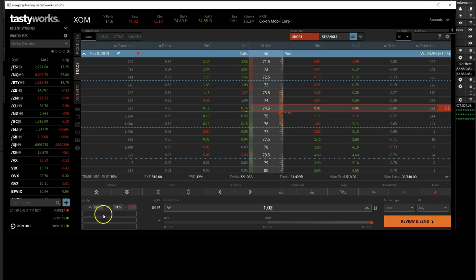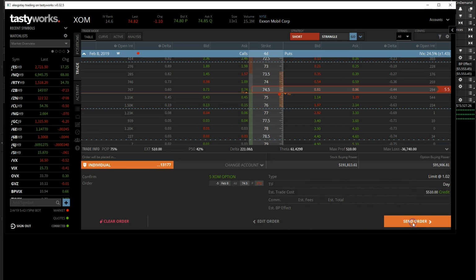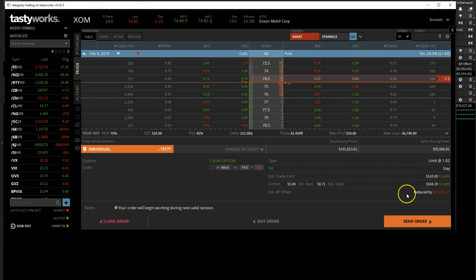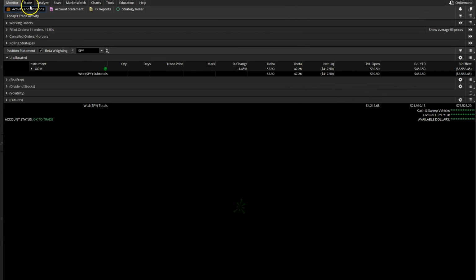I did 5 contracts, so that's 500 shares, and I'll be using over $30,000 for this trade. And if I do the options, if I do review and send, in this particular platform with no portfolio margin, then I'll be using $7,000, compared to the $5,000 that I'll be using in this other account.